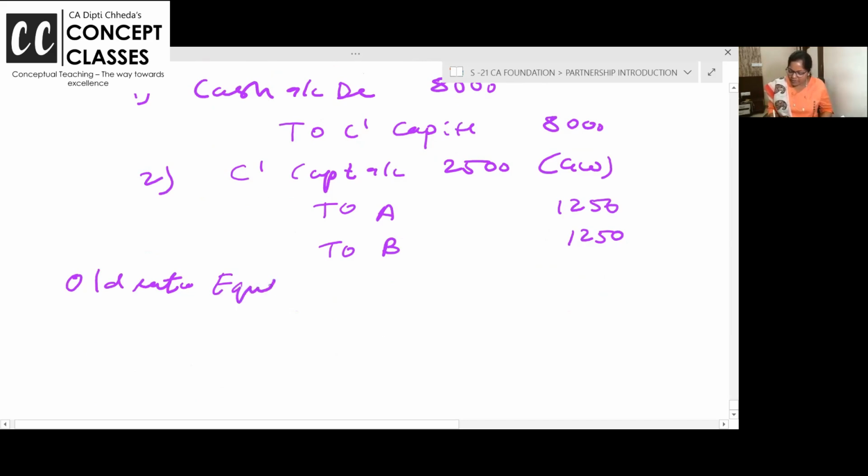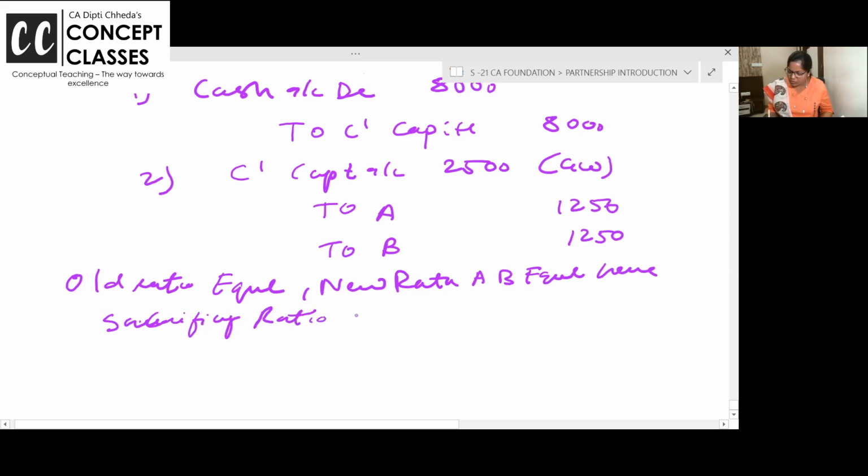Old ratio is equal. New ratio between A and B is equal. Hence, sacrificing ratio also equal.